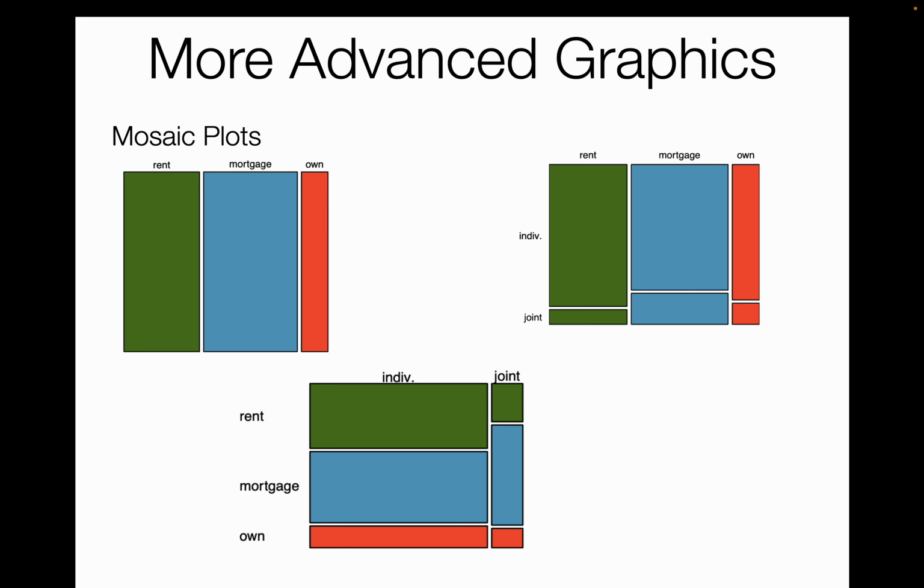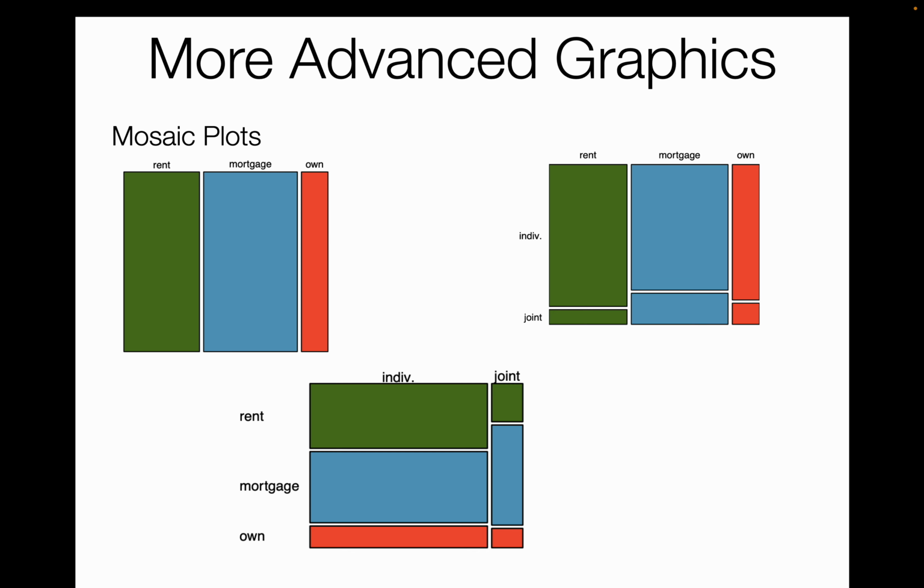The different colors represent rent, mortgage, or own. The width of the bar in the bottom plot represents the type of loan people got. The vast majority of people got individual loans. There were only a few joint loans.